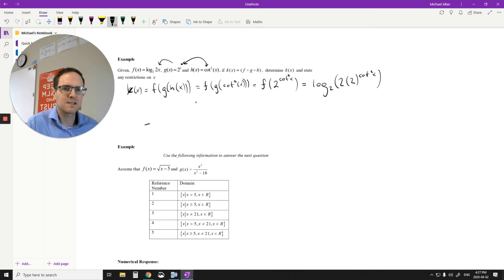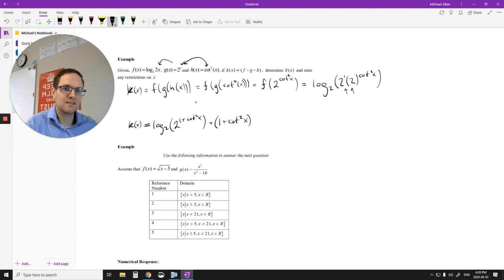I'm going to give myself a little bit of space to talk about the domains as we go across here. Those two things inside the parentheses both have the same base. This 2 is to the power of 1, this 2 is to the power of cotangent squared x. So technically I can add those together. It'll be 2 to the power of 1 plus cotangent squared x.